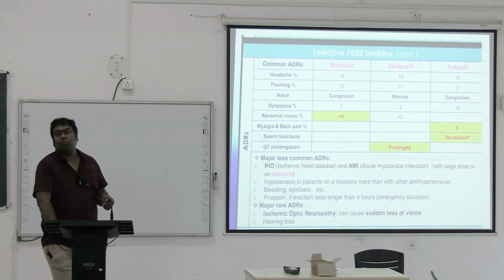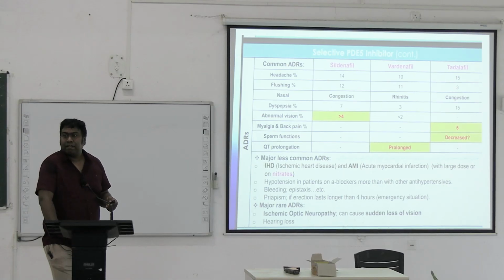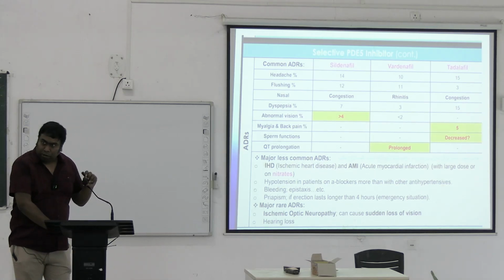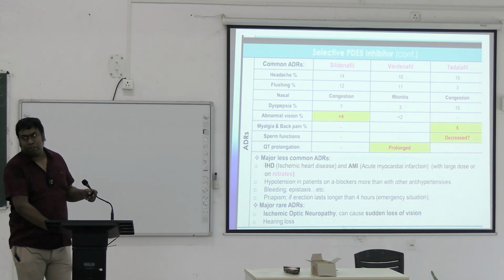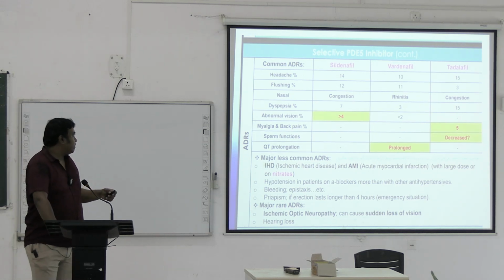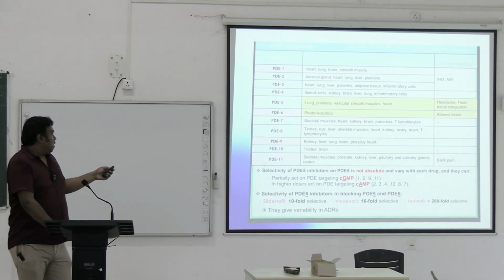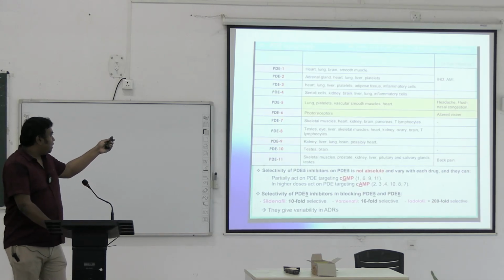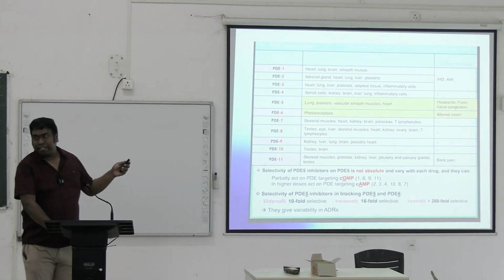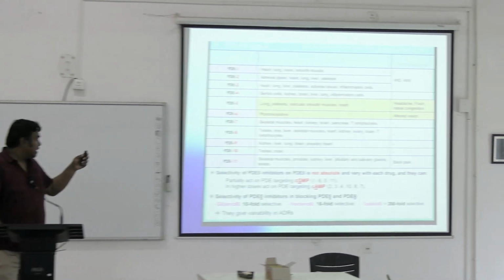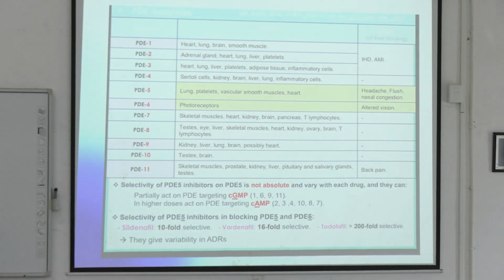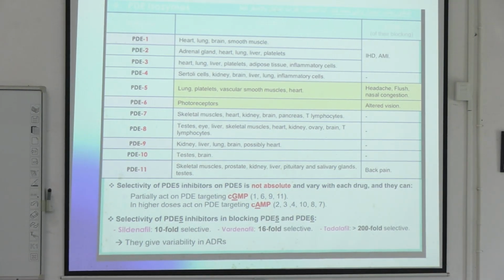It is primarily due to phosphodiesterase inhibitor, which type? 6. 5 for its pharmacological action, 6 for the side effects. Photoreceptors, you see, PDE6 phosphodiesterase, that is alteration of vision. It is one of the important side effects.